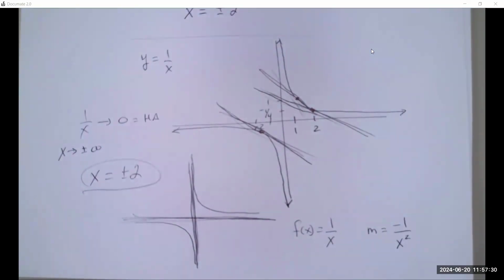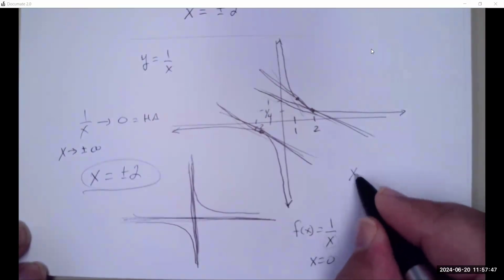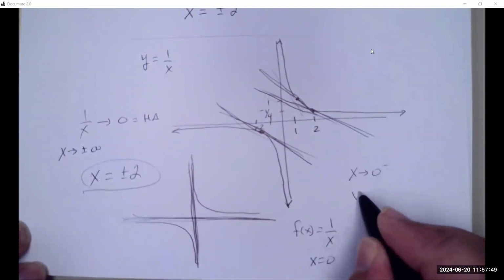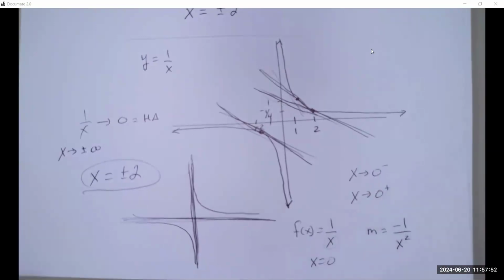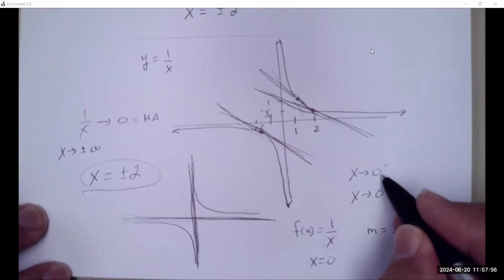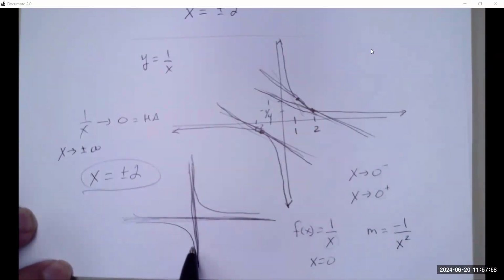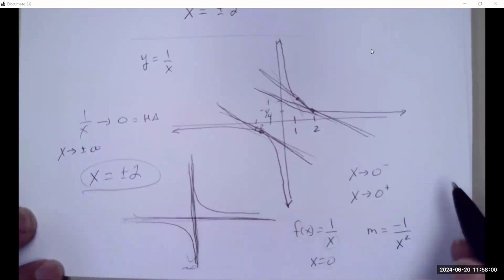How do you find the vertical asymptote? That's the algebra part. But since our only point in question is x equals 0, what happens as we go to 0 from the left? What happens when we go to 0 from the right? What are the limits? As we go to 0 from the left, it goes to negative infinity.